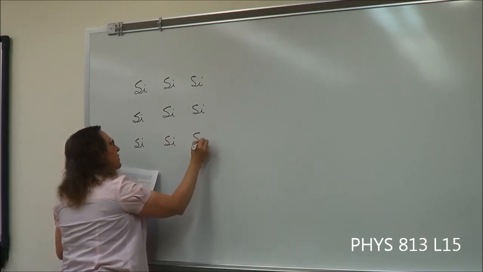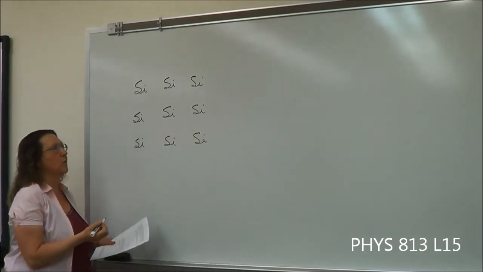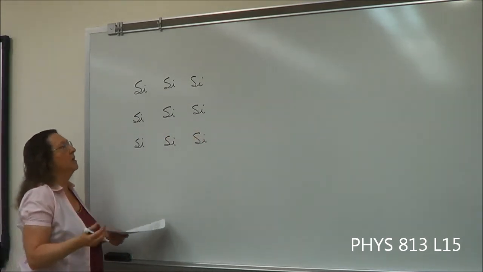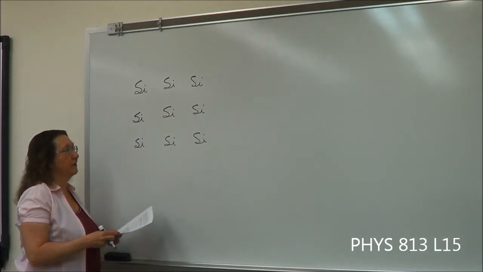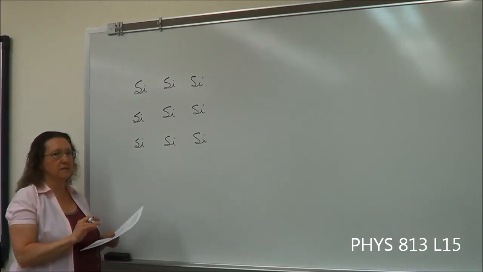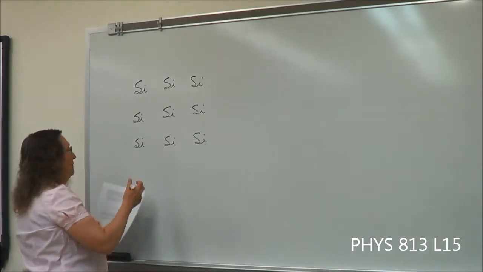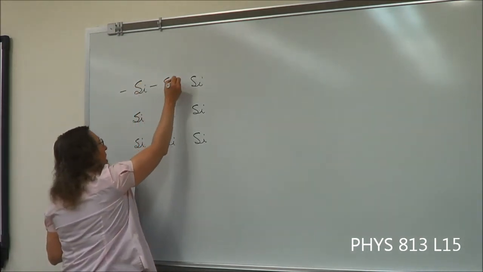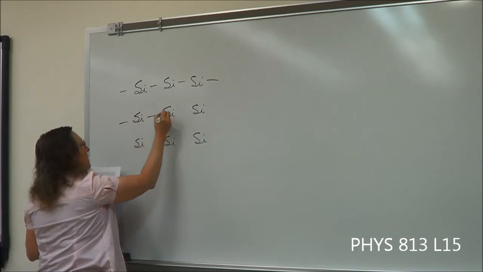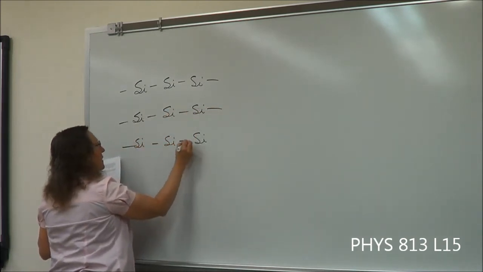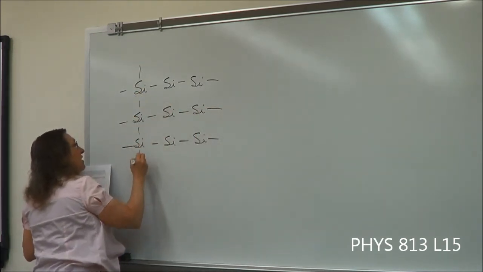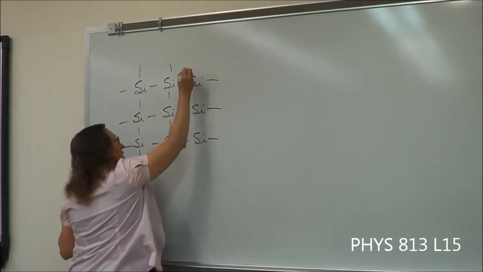And the reason we do this is so that we can see what effect there is when we do these other things that we're going to do. So we're going to draw the bonds across here, get all of these bonds.